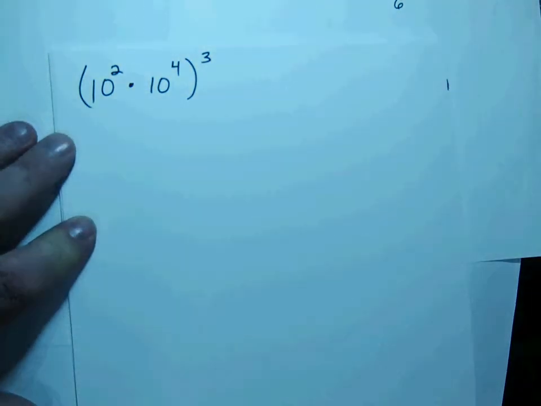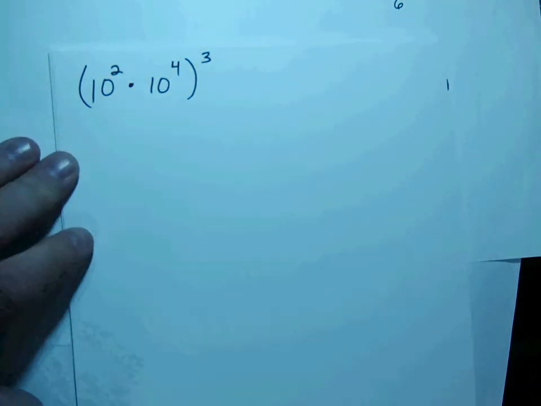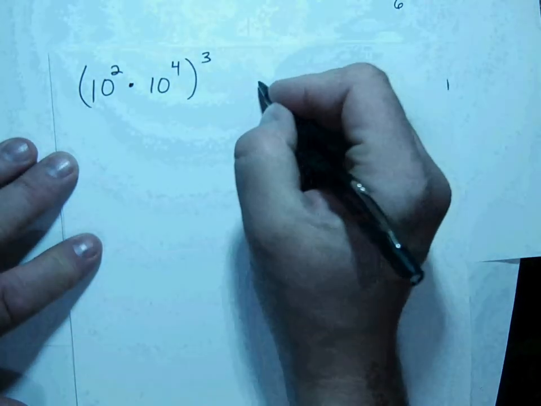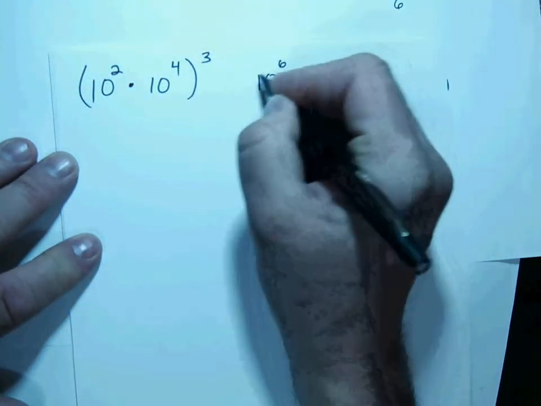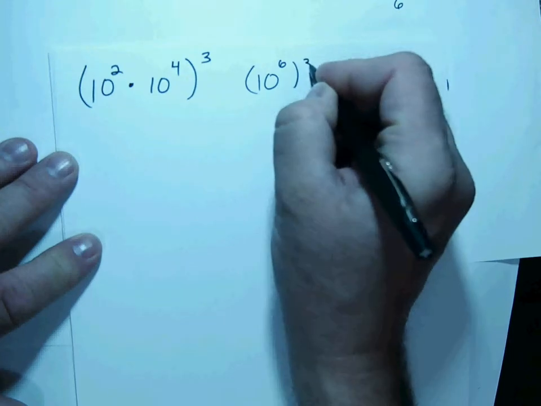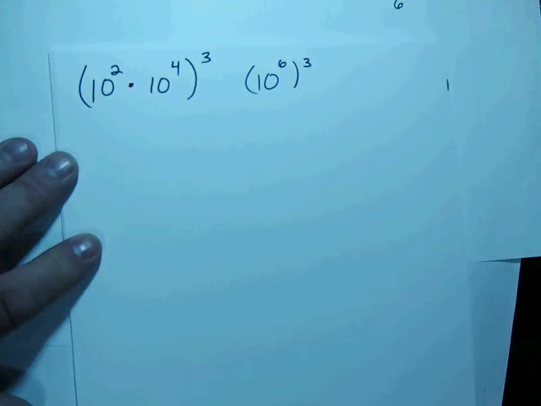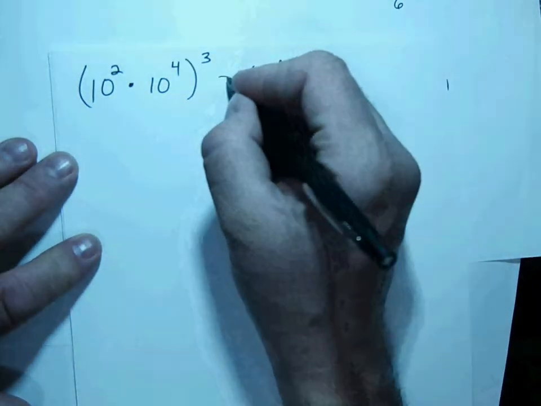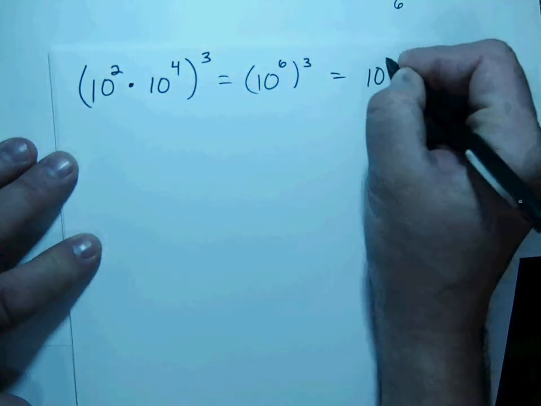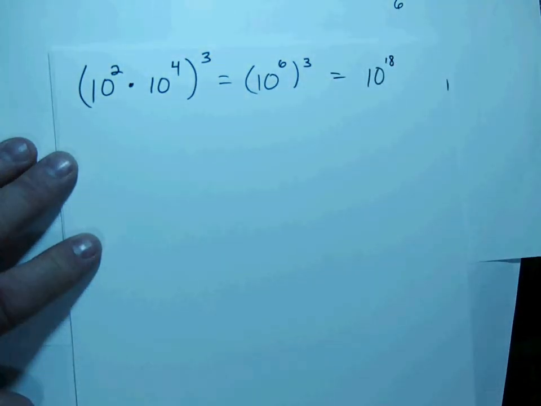Oh yeah, now we're cooking. Well, how's that going to work? Inside the parentheses, we're going to add those exponents, so it'll be 10 to the 6th power, and then I'm going to cube it, and when I cube it, I multiply the exponents. So that's going to be 10 to the 18th power.